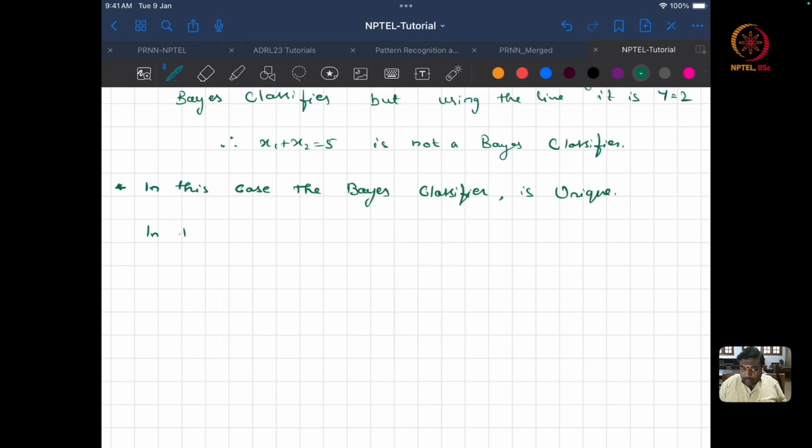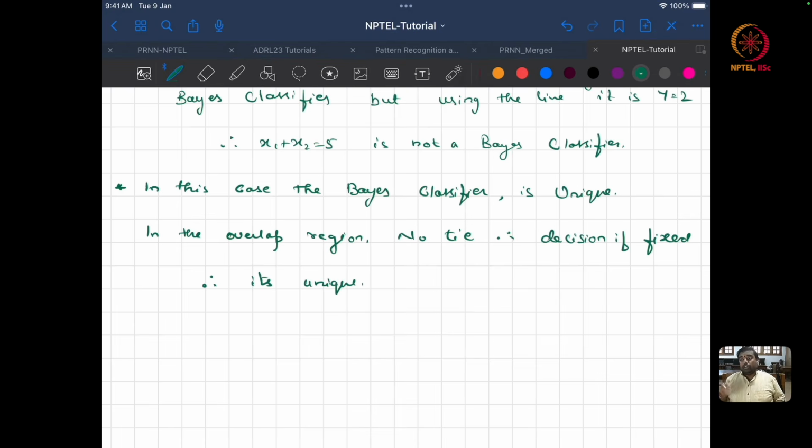Why? In the overlap region, there is no tie to break arbitrarily. Therefore, the decision is fixed, and it's unique.